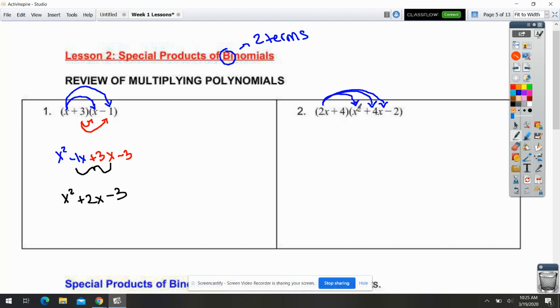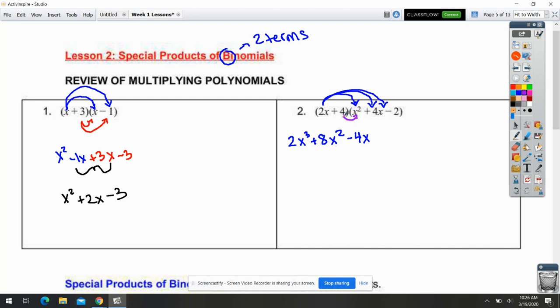So 2x squared times x squared is 2x to the third. 2x times 4x is 8x squared. And then 2x times -2 is -4x. Now, in purple, I'm going to distribute the 4.